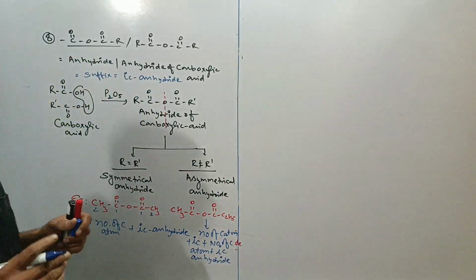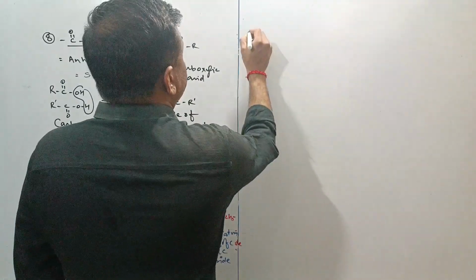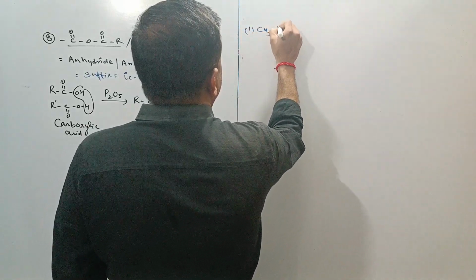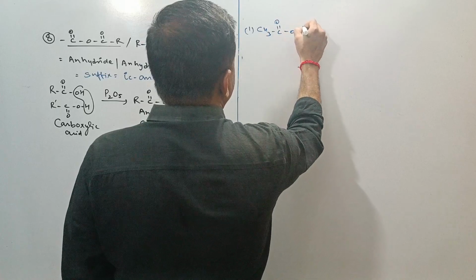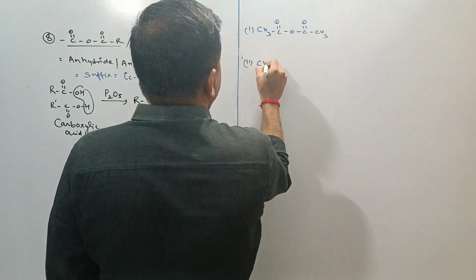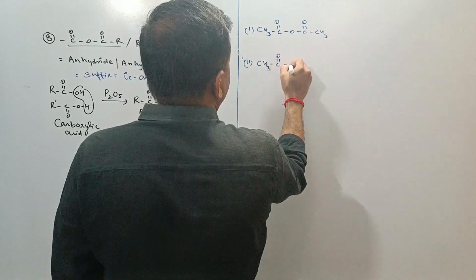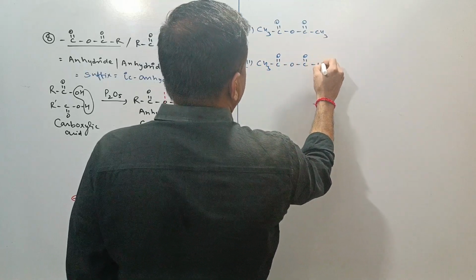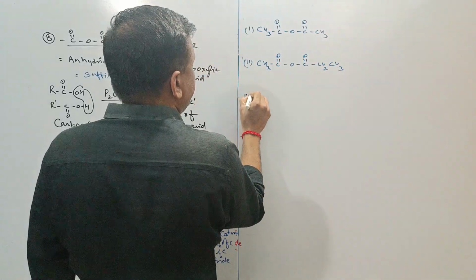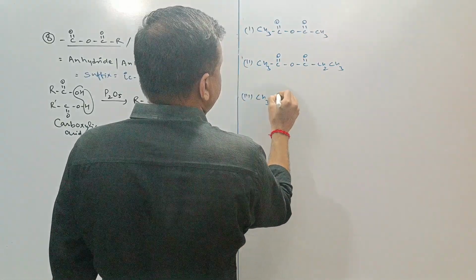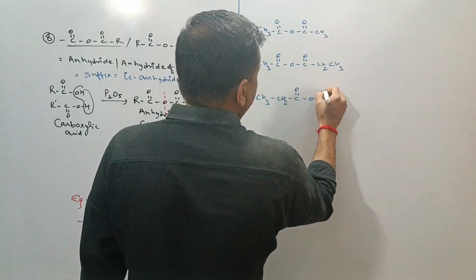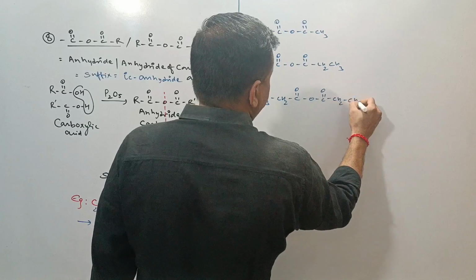How? We'll take a lot of compounds also. First of all, we'll go with just CH3COOCOCH3. Second example, we can take CH3COOCOCH2CH3. Third example, we can take CH3CH2COOCOCH2CH3.